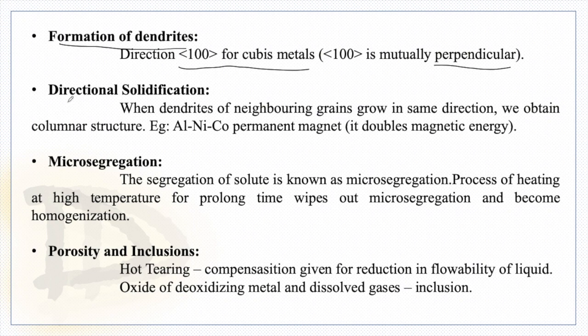During directional solidification, when dendrites of neighboring grains grow in the same direction, we obtain columnar grains. For example, with the aluminum nickel cobalt permanent magnet, it doubles the magnetic energy of the product.